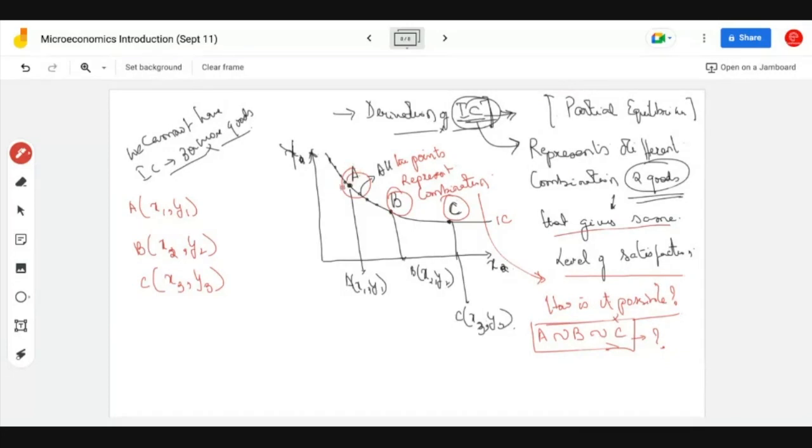So, as we move from A to B, what is happening is that consumption of X is going up, whereas consumption of Y is coming down. Similarly, from B to C, consumption of X increases further, whereas consumption of Y decreases further. Therefore, what can be said?